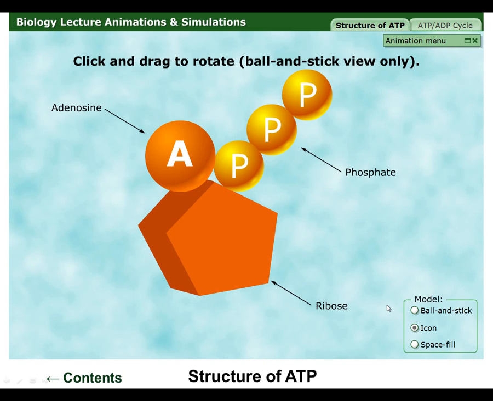And the really characteristic part about ATP is what? The 3 phosphates. I'm fairly confident we talked about a phosphate. What is characteristic of a phosphate group?